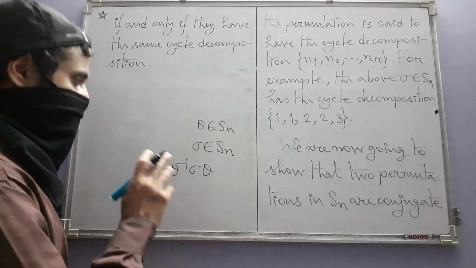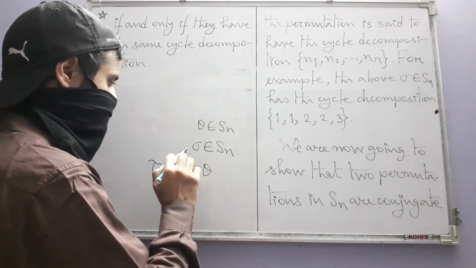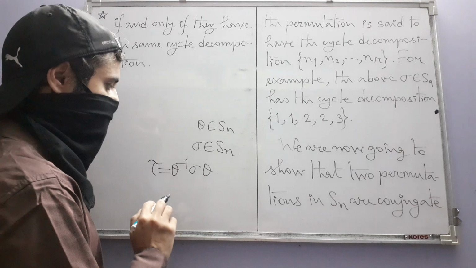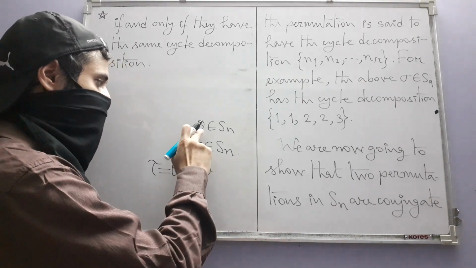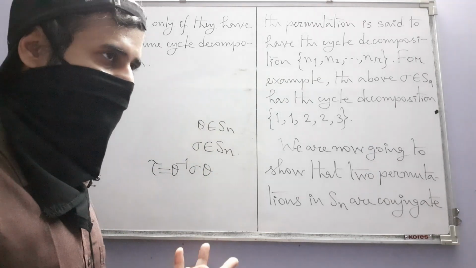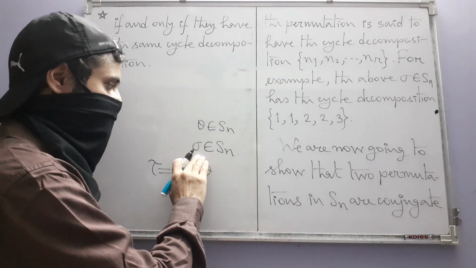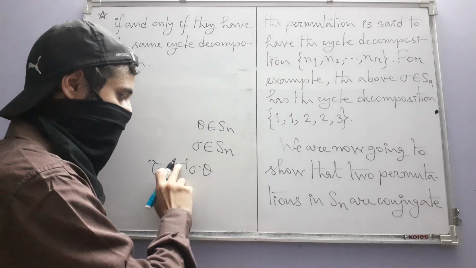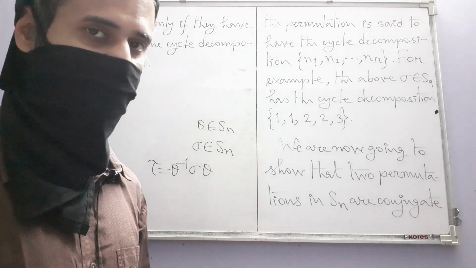So now what we are going to do, we are going to see that there is a way of knowing what theta inverse sigma theta will be if we are given theta and sigma. You may think, are we going to calculate theta inverse sigma theta like how we normally calculate it?